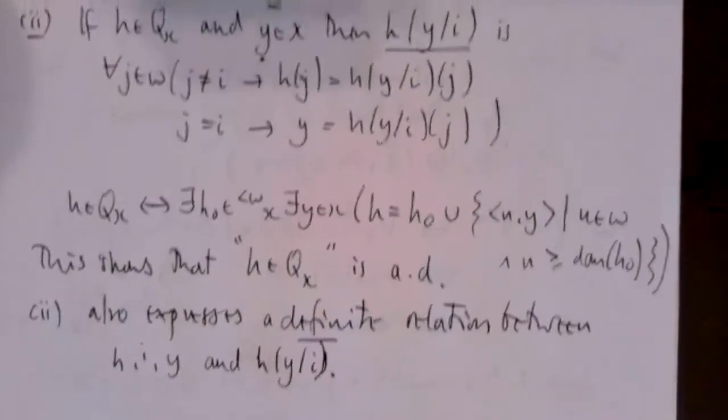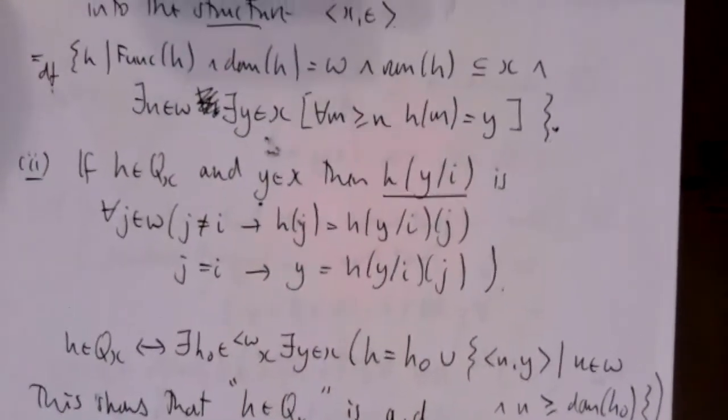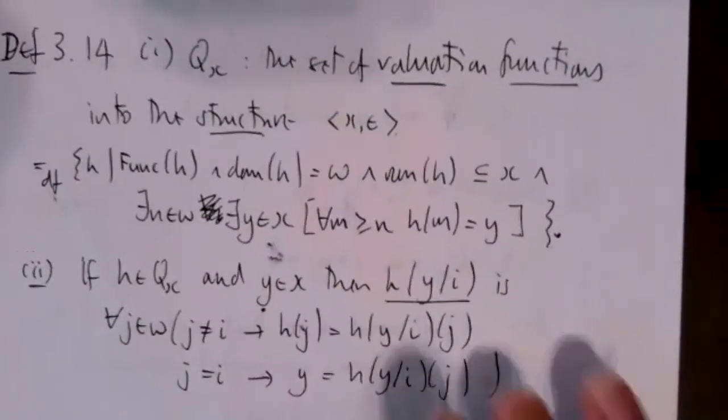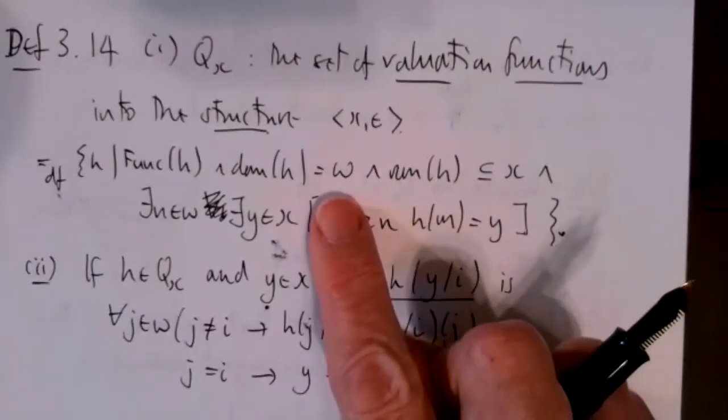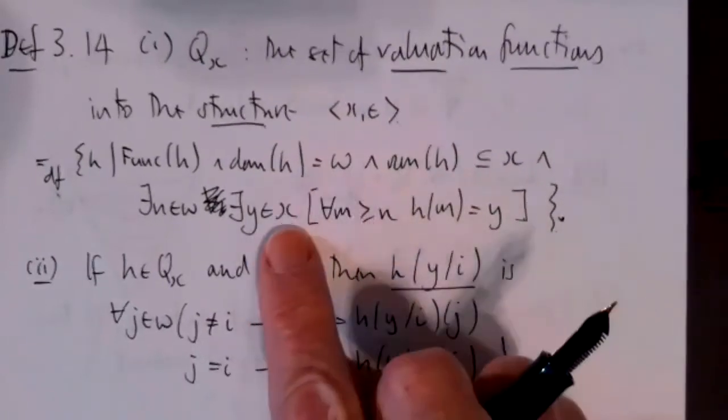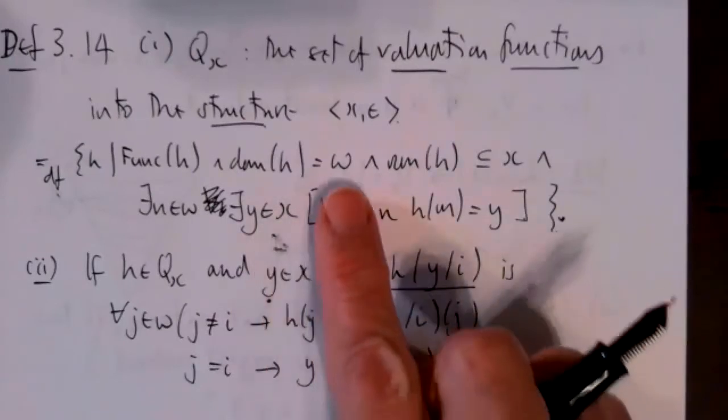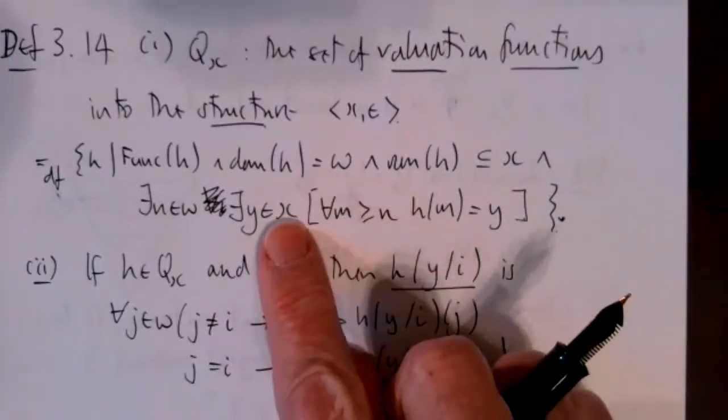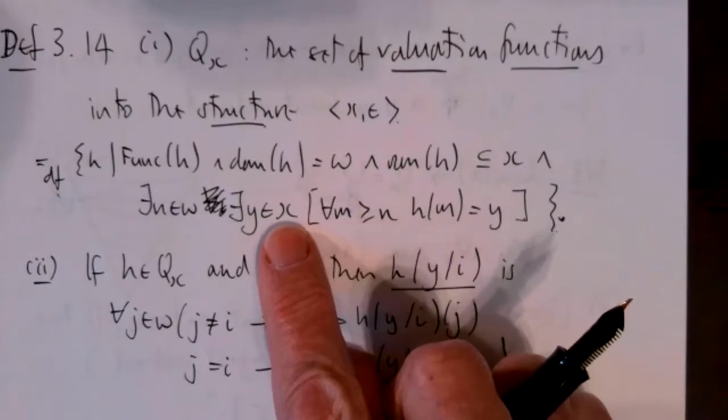Okay, so I'm going to think of these h's here as assigning objects in X to the free variables of a formula. So the formula can talk about the things that are assigned to its variables.